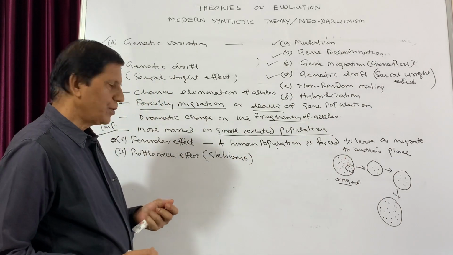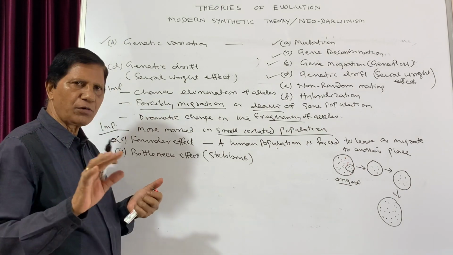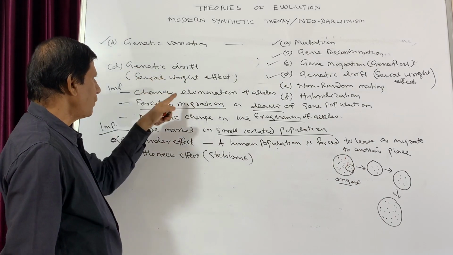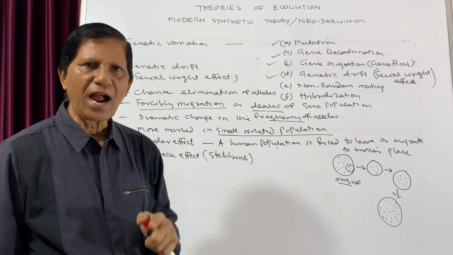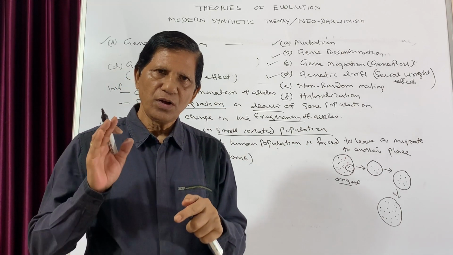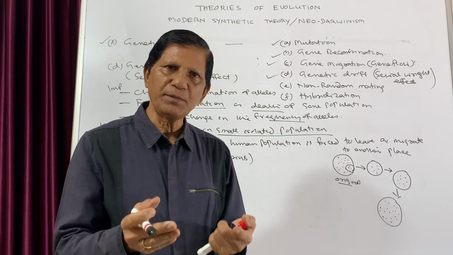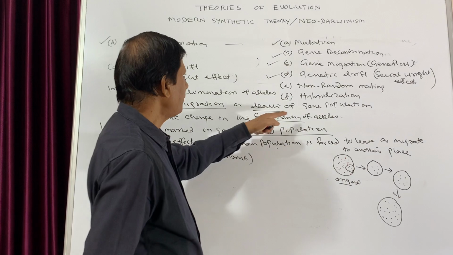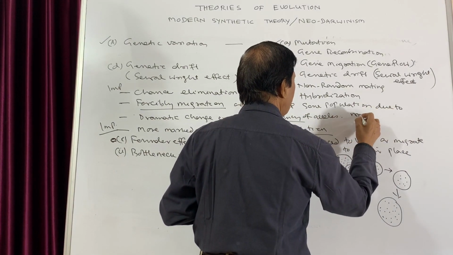Now, just try to understand so that there will be no confusion. While discussing genetic drift, I told you in the very beginning it is a case of chance elimination, and it occurs either due to forced migration or due to death of some of the population due to natural calamity.